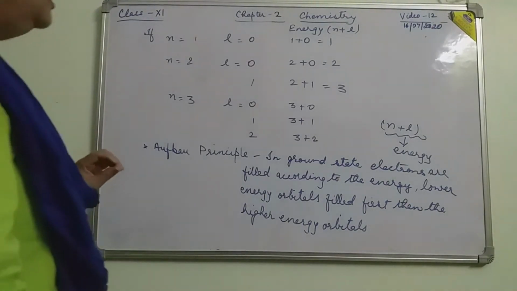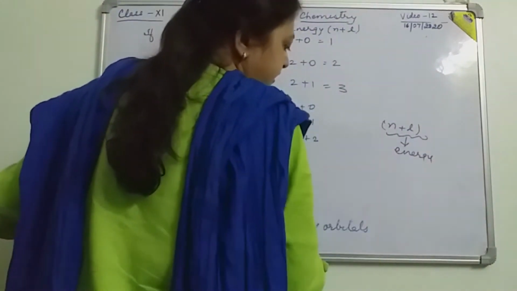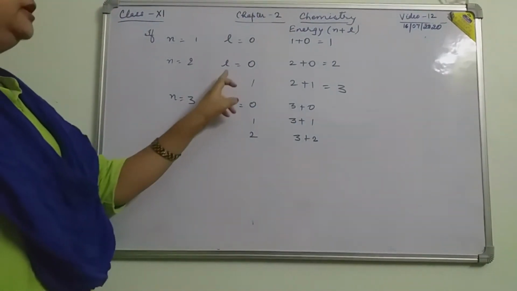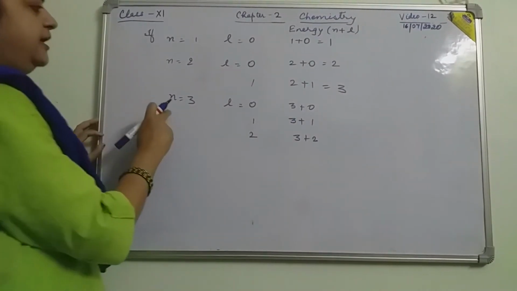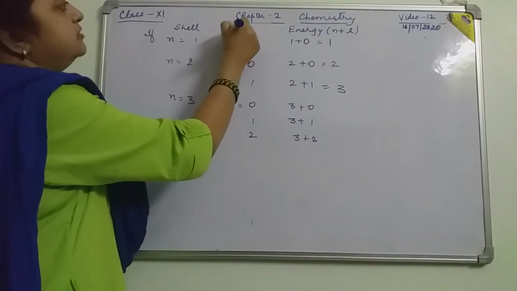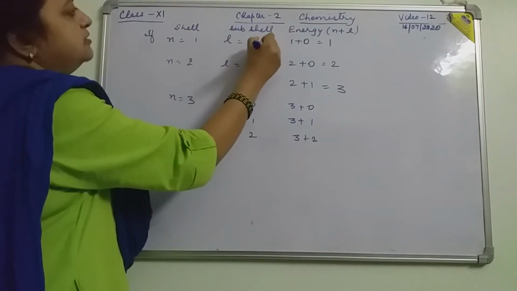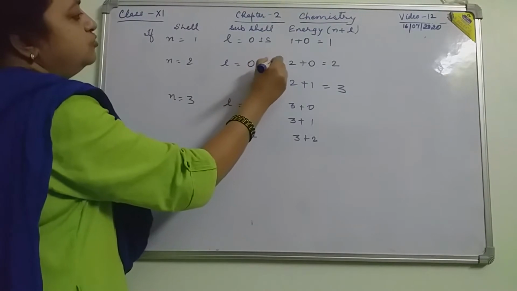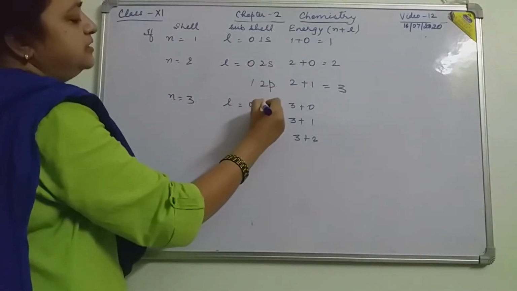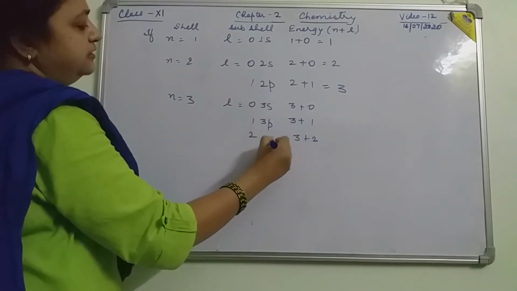What do n and l indicate? The principal quantum number n indicates the shell and the azimuthal quantum number l indicates the subshell. This is 1s, this is 2s, this is 2p, and this indicates 3s, 3p, 3d.